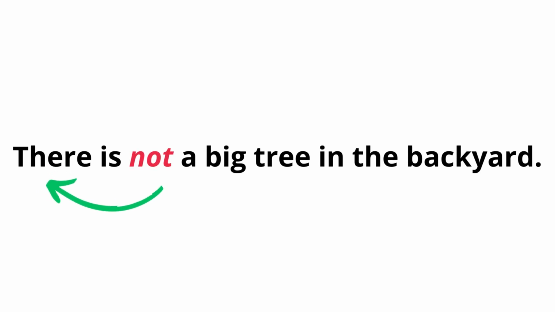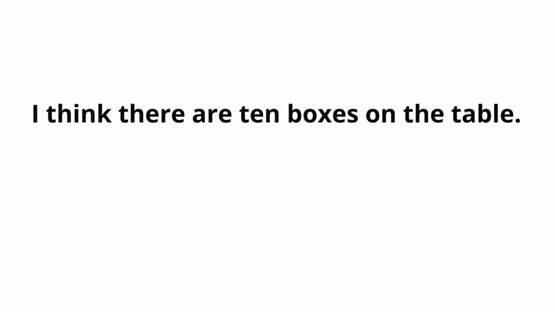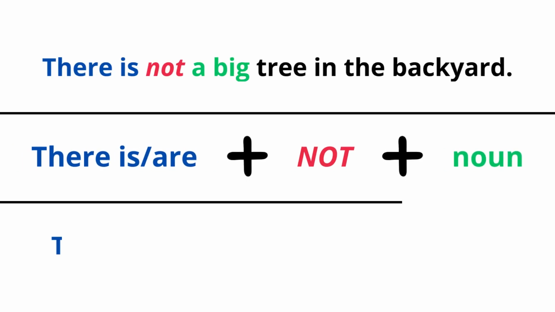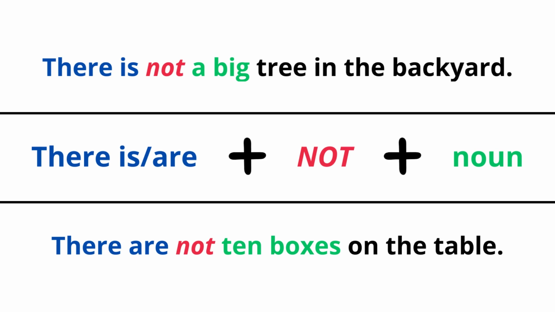We just need to put the word not after there is. It is that easy. Same with there are. I think there are 10 boxes on the table. For the negative, I think there are not 10 boxes on the table. In a sense, we only need to put not after the words there is or there are, and then continue with the noun.